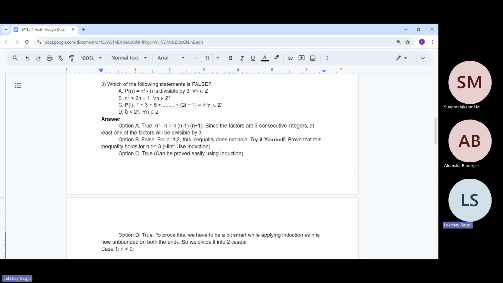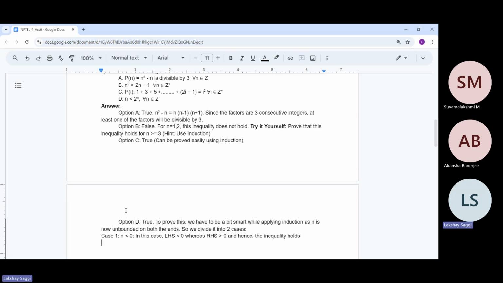In this case, it can be seen that LHS is less than 0, whereas RHS, 2 to the power n, is greater than 0. And hence the inequality holds. So we have proven case one, where n was less than 0, that this holds. And now the only remaining case is for n greater than or equal to 0.